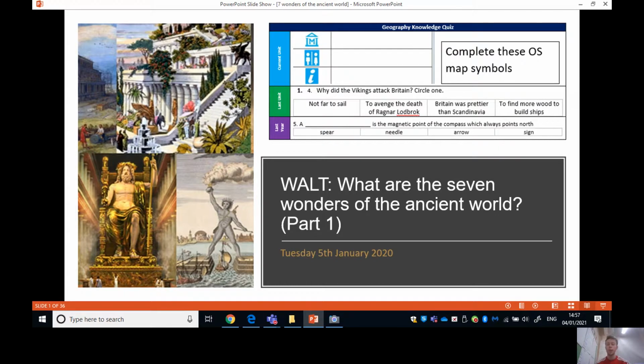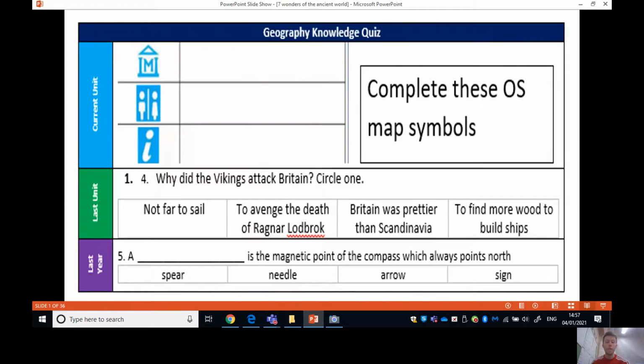So the first thing you're going to do, as you would in class, is complete your do now. The do now is based on what you did last year and a little bit of history like we did in our last unit before Christmas. I'm going to change the slide and give you 4 minutes to complete this geography knowledge quiz.